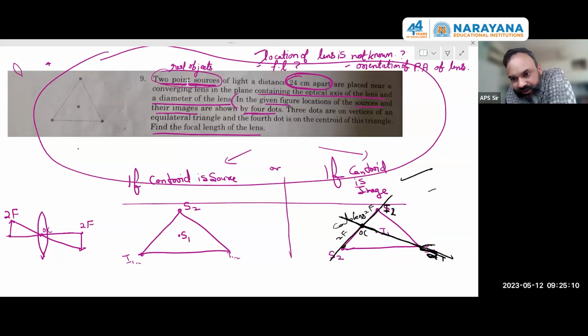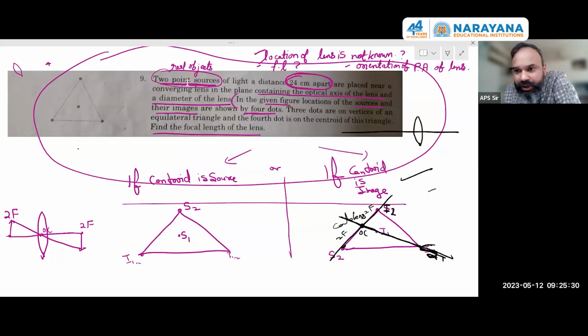And what about these two? These two are on one side of the optical center, one side of the lens. And if real source and image are on the same side for a converging lens, then the image is virtual. And for any combination, let me draw it like this.